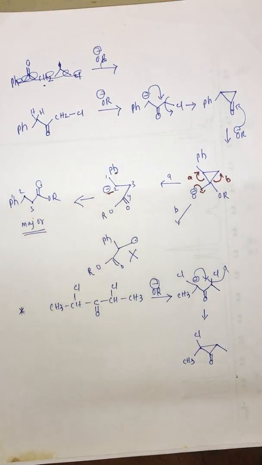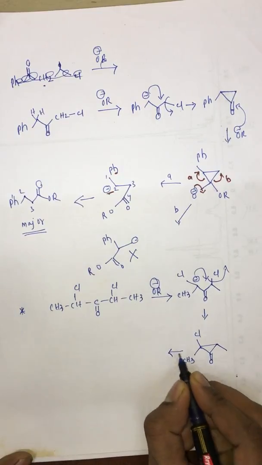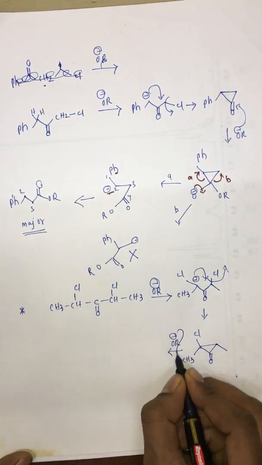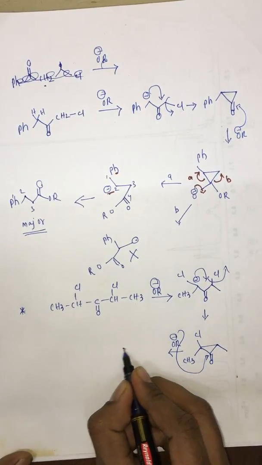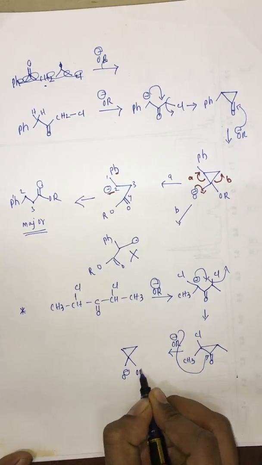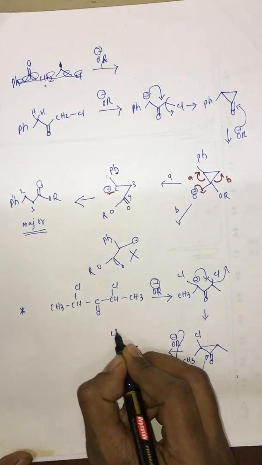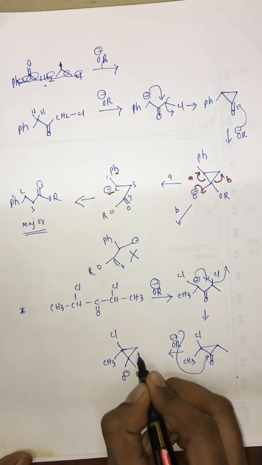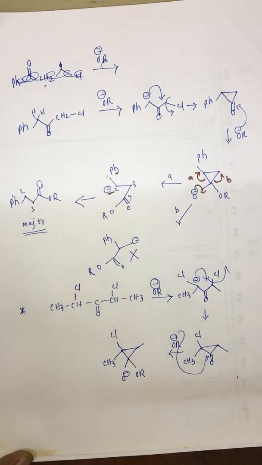Okay. Now the ring, okay, OR minus comes and attaches to this carbon, O minus OR, Cl, CH3 and methyl group.